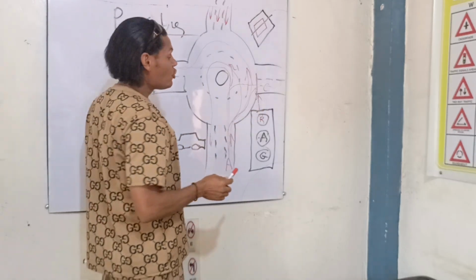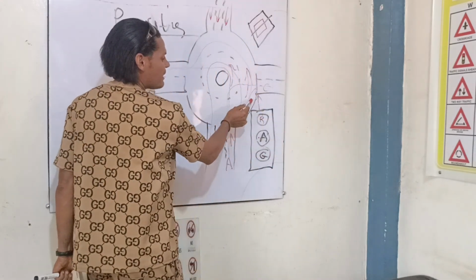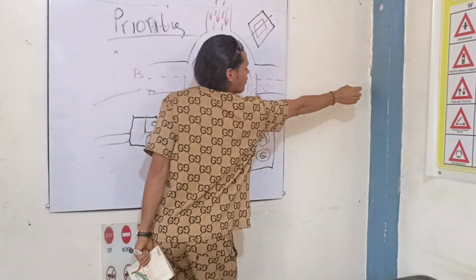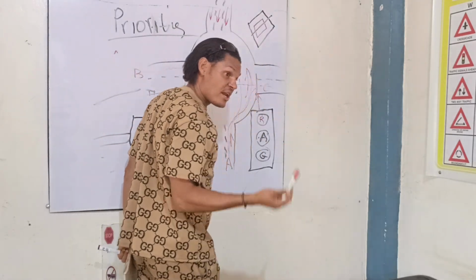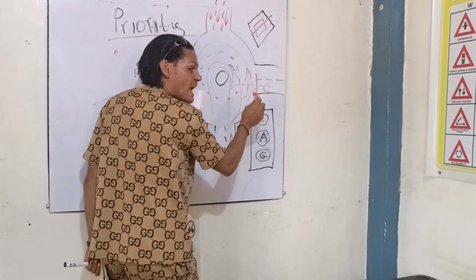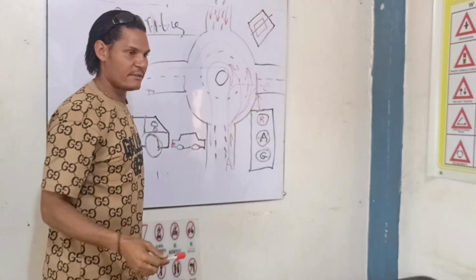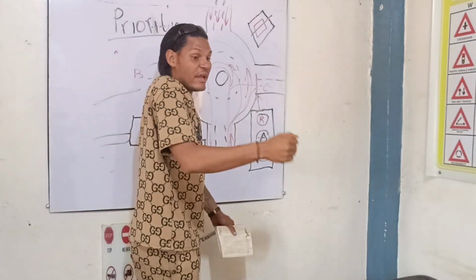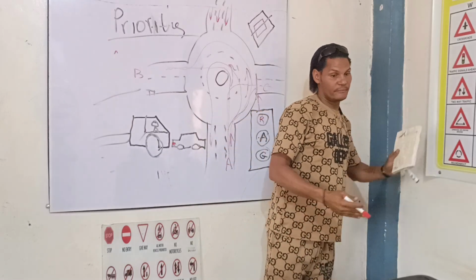If you are coming and the light is red, you keep coming and stop around this line, because that red light takes effect after the line, not before the line.